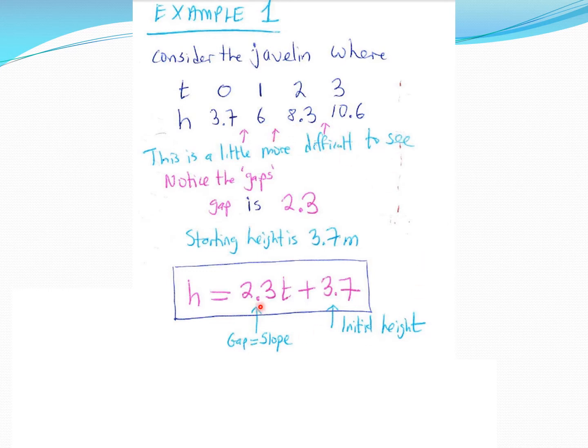That's why it's h equals 2.3 times t, multiplication is understood there, plus the initial height. This 2.3 figure is what we call the slope. It's the gap in the figures, but geometrically it's what we call the slope or the gradient. And the 3.7 is the initial height, or sometimes we call it the intercept or the y-intercept.